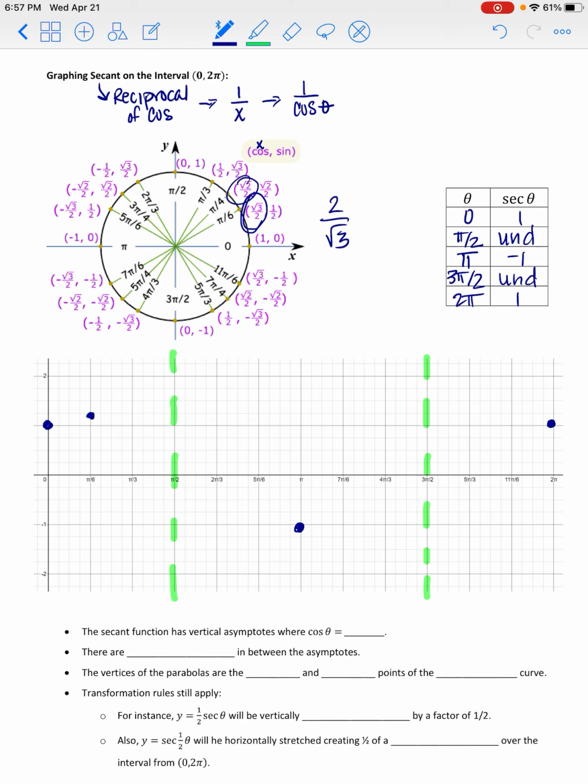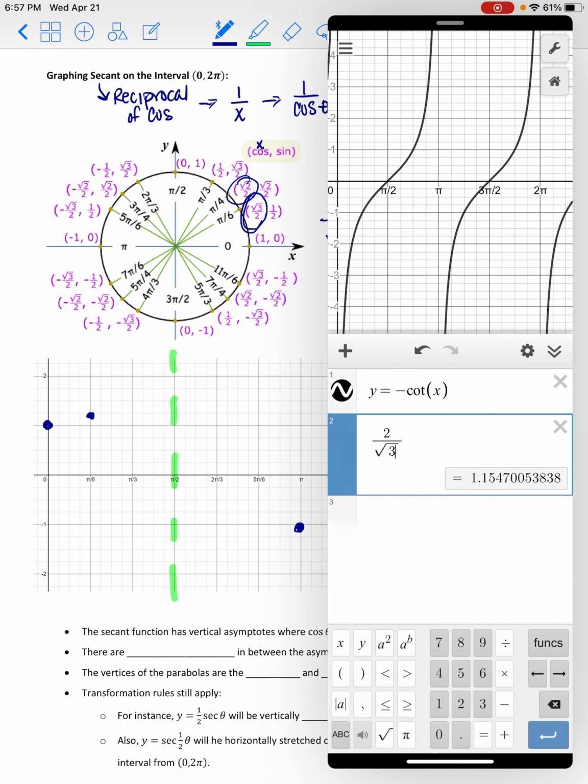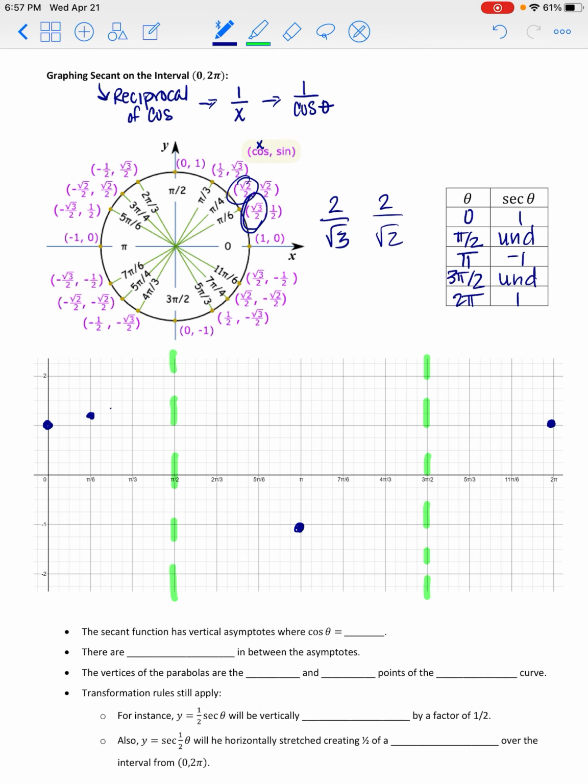If I take the reciprocal of that, 2 over radical 2, which is going to be about 1.4, so it's going to go up a little higher. And then if I take the reciprocal of a half, I get 2. So at pi over 3, I'm actually up to 2. And this is just going to continue to increase toward that asymptote. Okay, so there's one piece.